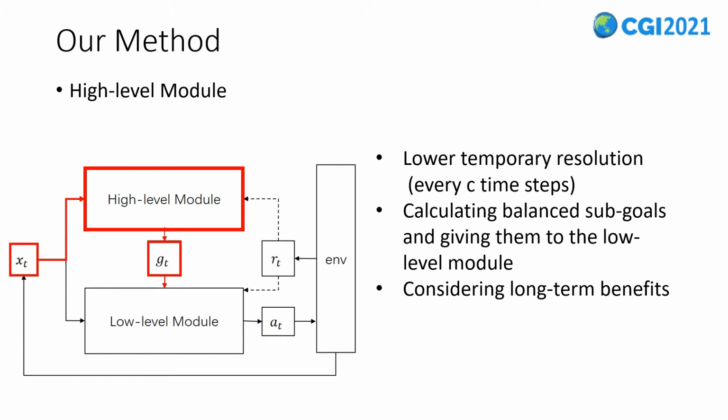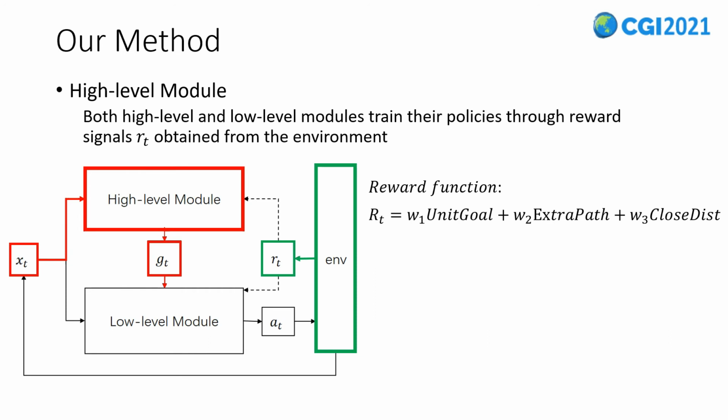These sub-goals need to consider long-term benefits. As the figure shows, both high-level and low-level modules train their policies through reward signals obtained from the environment. The responsibility of the high-level module is giving a good sub-goal to the low-level module, which can balance the need of reaching the final goal and keeping safety.